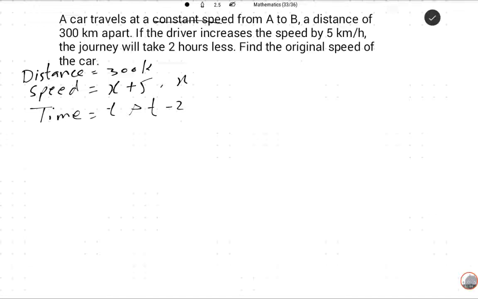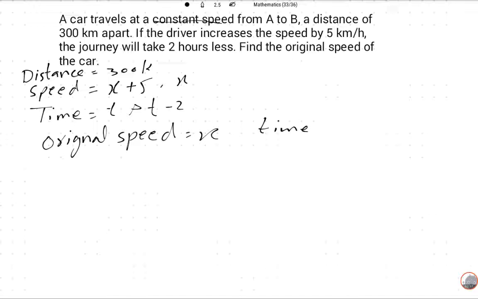So the original speed is x and the time is t.